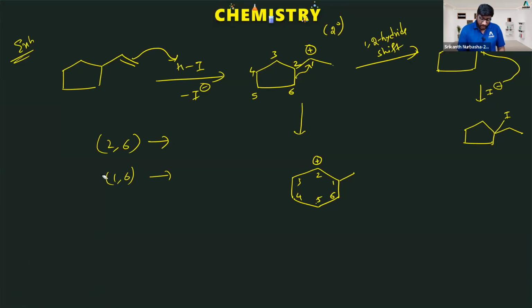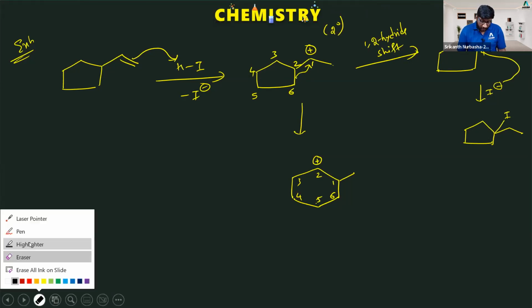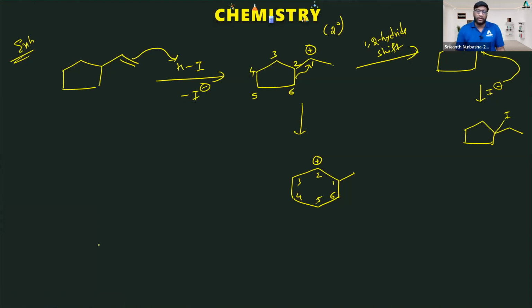Electron density shared between first and sixth means sixth has seen no loss, no gain. First has seen the gain. Second has seen the loss. Whichever carbon atom has seen the net loss in electron density gets the positive charge. So the second carbon, which has seen the net loss in electron density, gets the positive charge. The positive charge on the second carbon: what type of carbocation is this? Primary, secondary, or tertiary?